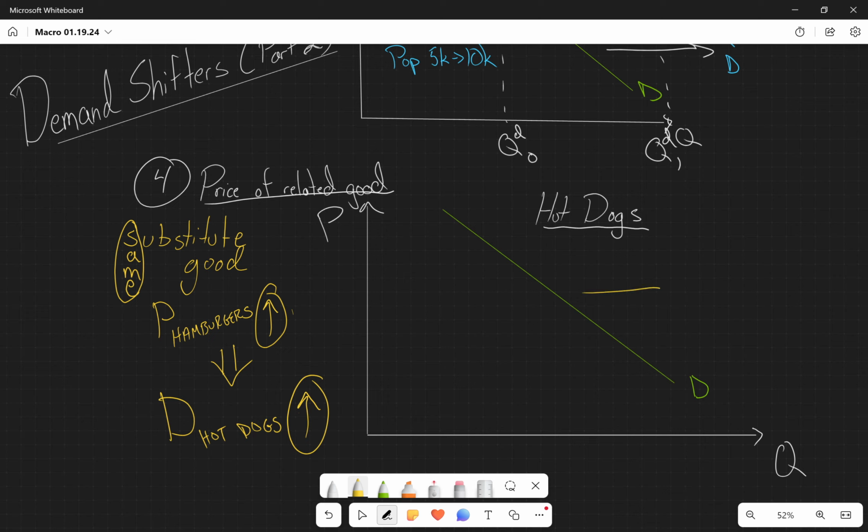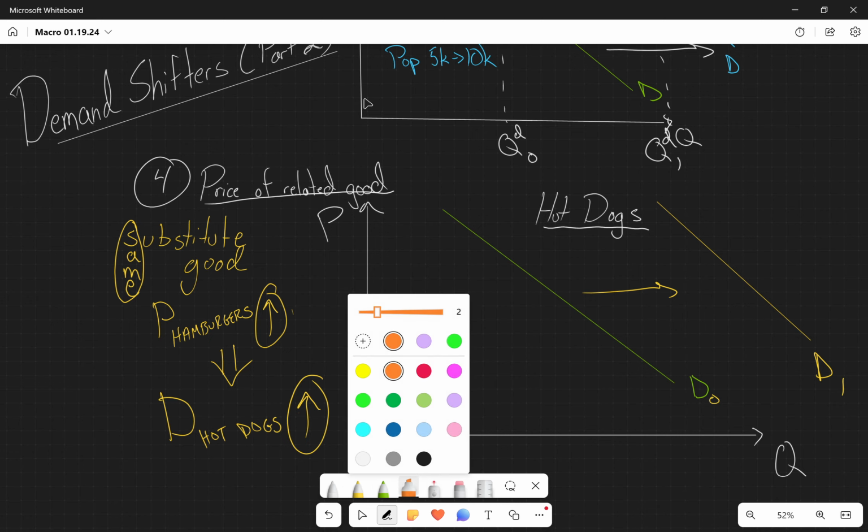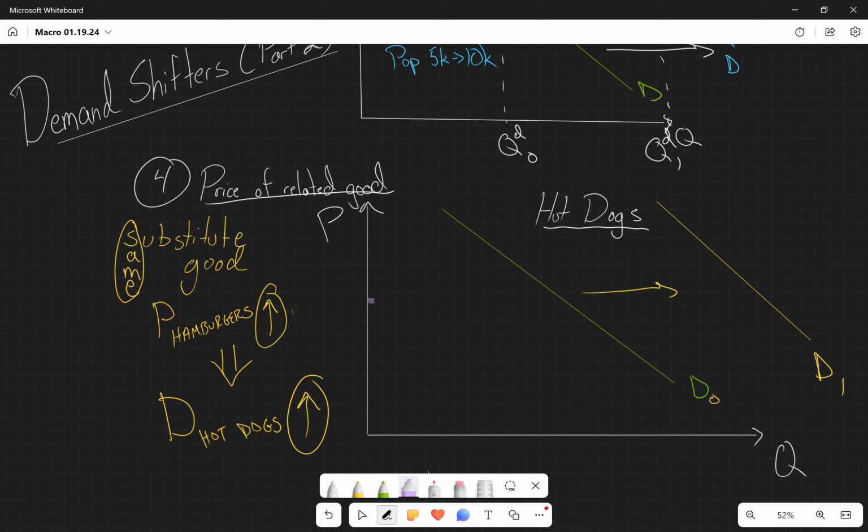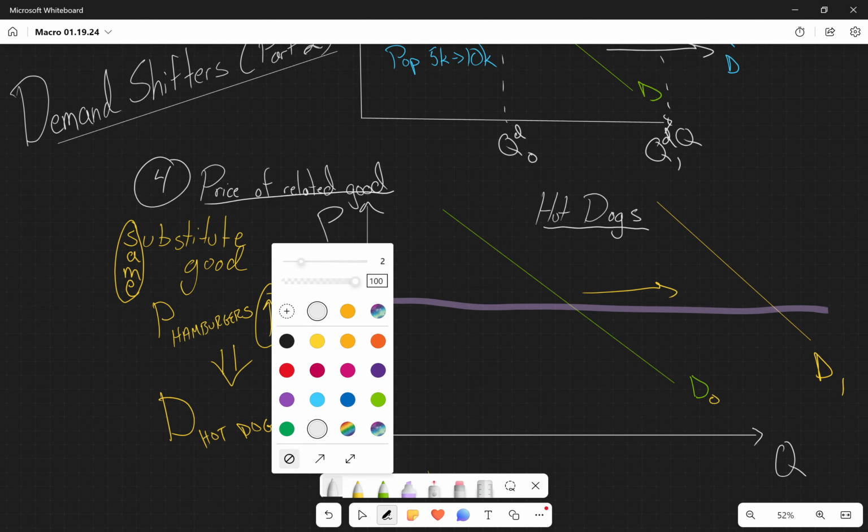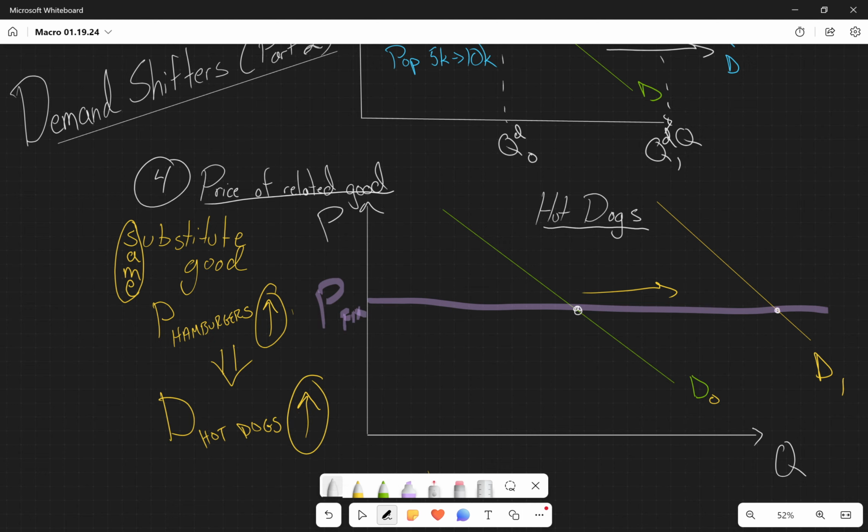So now we take another look at this. We do another gut check. We hold this price fixed, and we say, okay, if I'm selling hot dogs and the price of hamburgers were to increase dramatically, what do I think is going to happen?